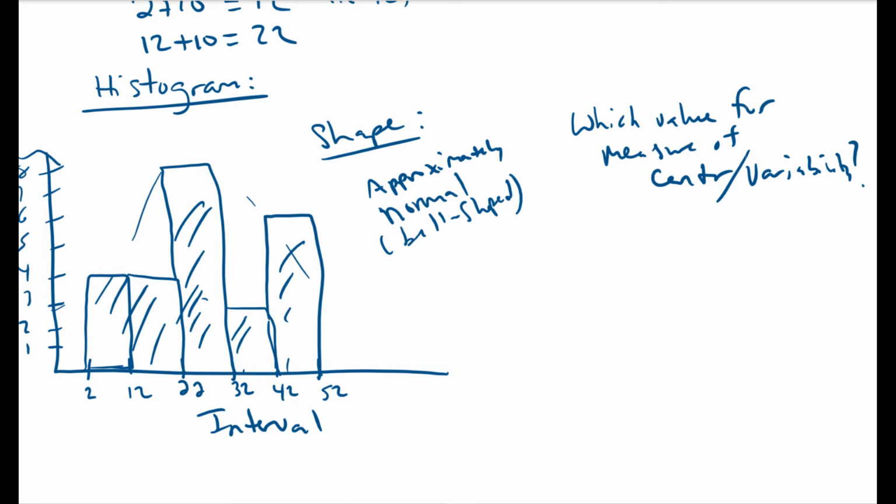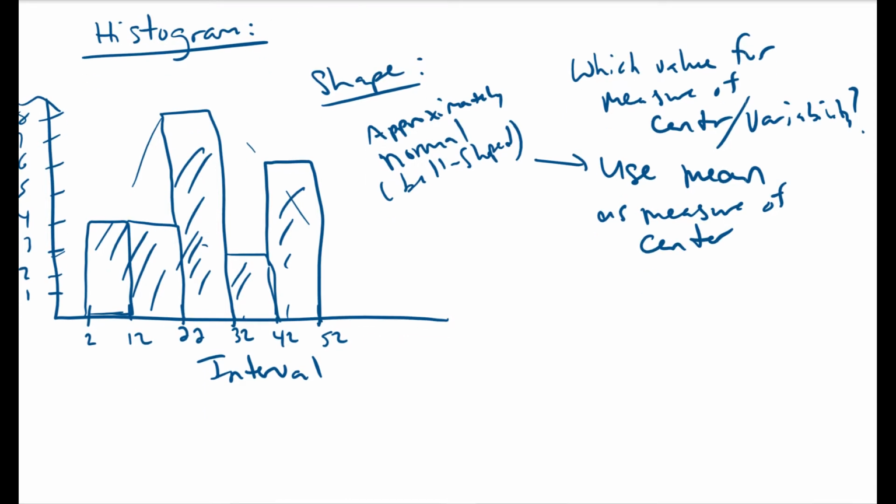If it's approximately bell-shaped, you're going to use the mean as the measure of center, because if it's normal, you can rely on the mean to find the middle. If it's not approximately normal, then you're going to be using the median. The median is not influenced by outliers, so it can be used for things that are not bell-shaped, like skewed, for example.